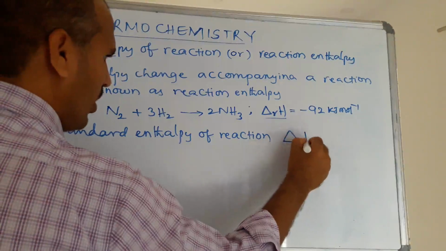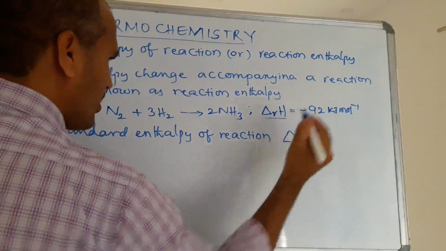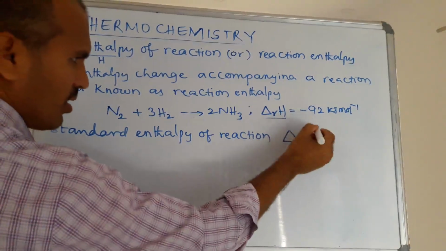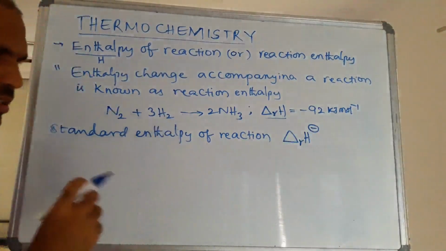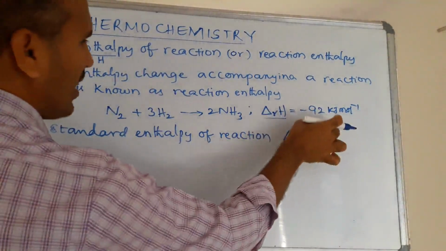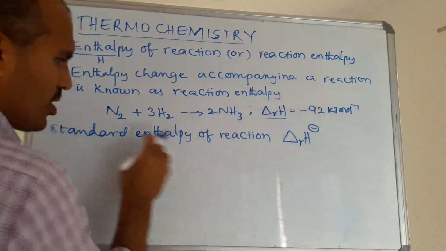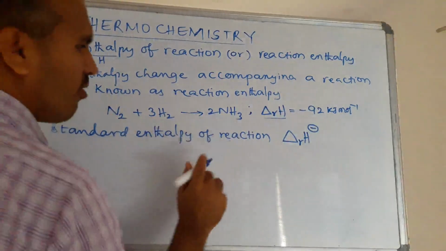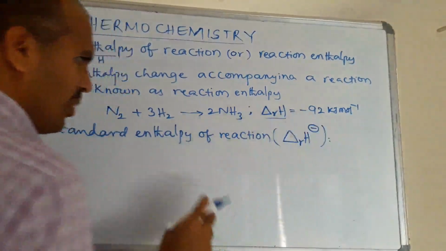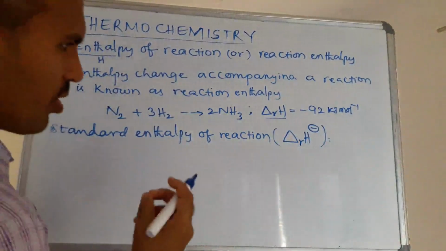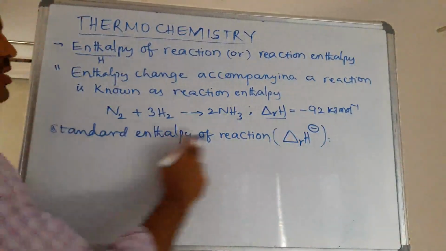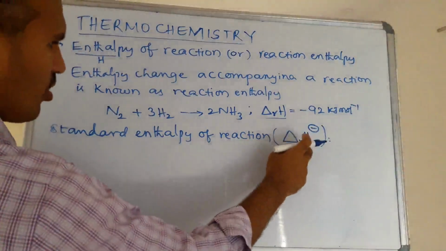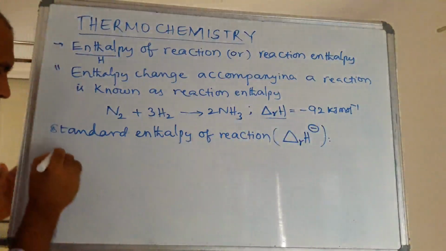This circle and minus symbol means standard condition. The change in energy measured at this standard condition is called standard enthalpy of reaction. Keep in mind, you have to remember this symbol representation; these are very important. Sometimes instead of this they will mention it like this only. So this is the change in enthalpy of reaction at standard condition.